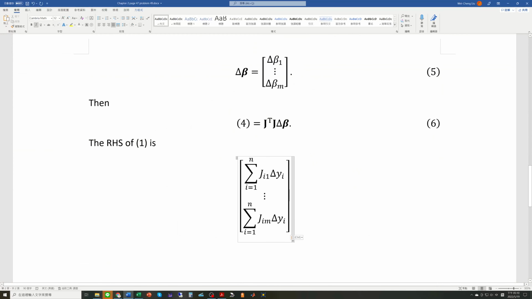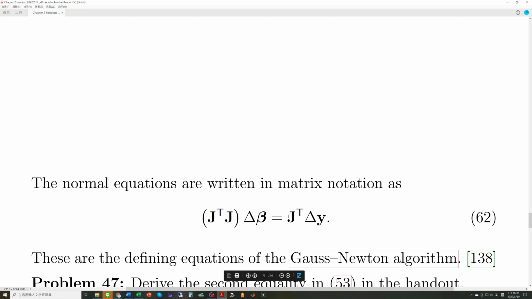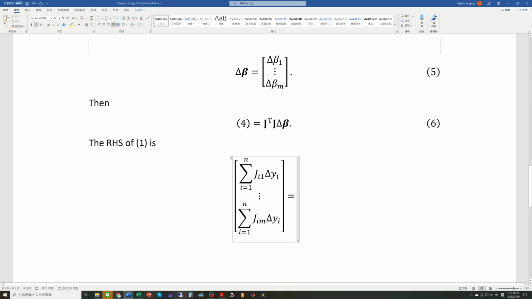It is summation I is equal to 1 to n capital Ji1 delta yi, vertical dots, summation I is equal to 1 to n capital Jim delta yi. So now you can know that because the result is J transpose delta y, we need to try to decompose this vector as the product of a matrix and a vector.